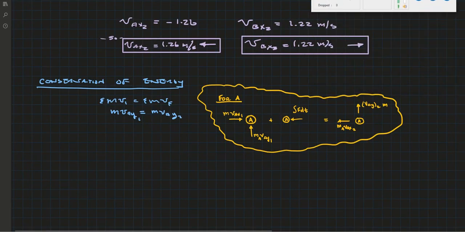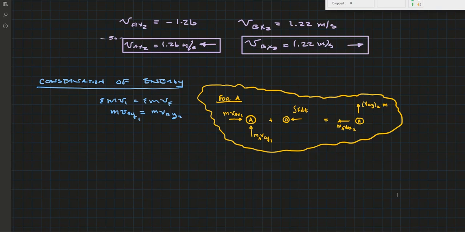This simplification can be made because if you look at our diagram here, there isn't an impulse component in the y direction, and we can of course use this impulse momentum relationship for the individual particle instead of the system.